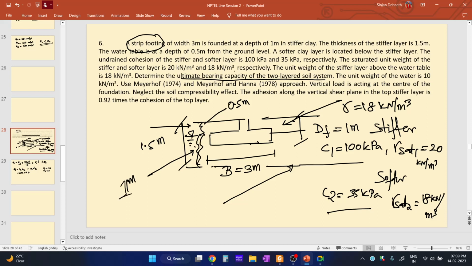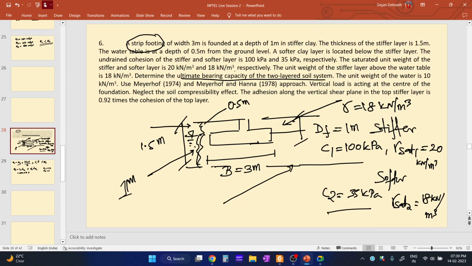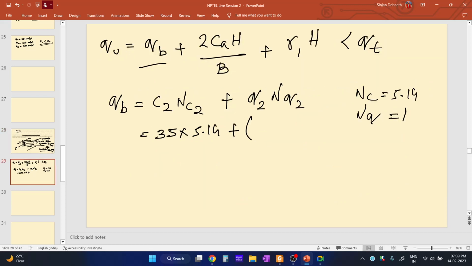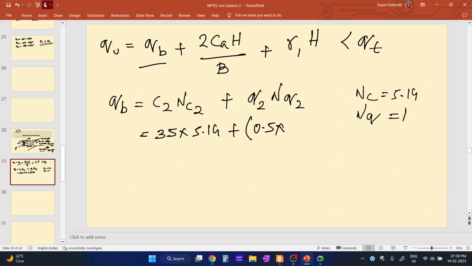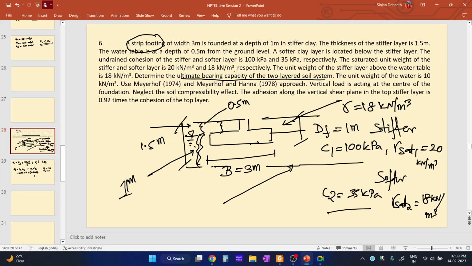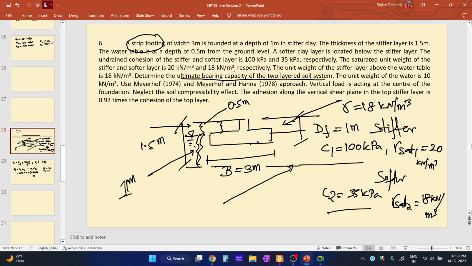Okay, 1 meter. So that means the surcharge acting on top of the bottom layer is 0.5, that is the thickness of this portion, into gamma, that is 18 above the groundwater table, plus the thickness of this part, that is 1 meter, into the submerged unit weight.